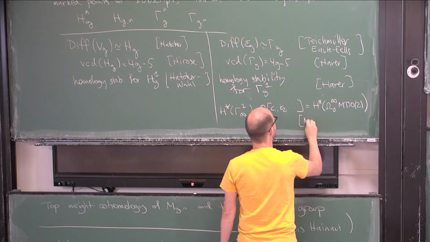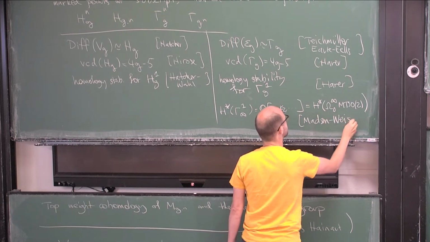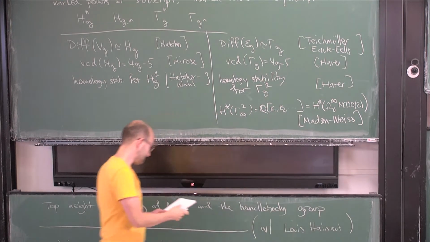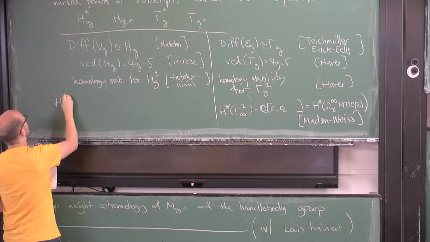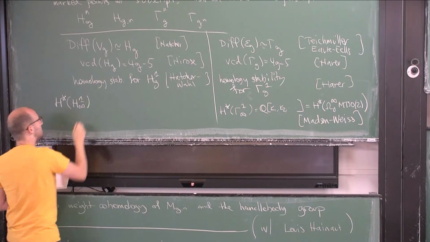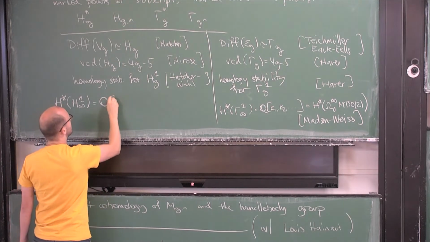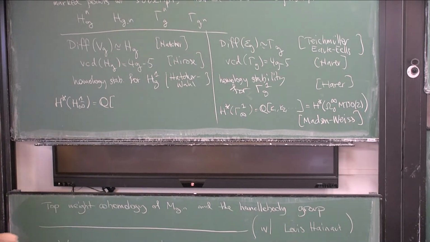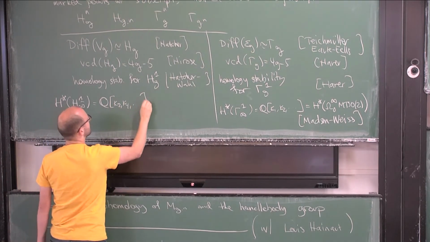And on this side, stable cohomology is also a polynomial ring. It's generated by kappa_2, kappa_4, and so on.